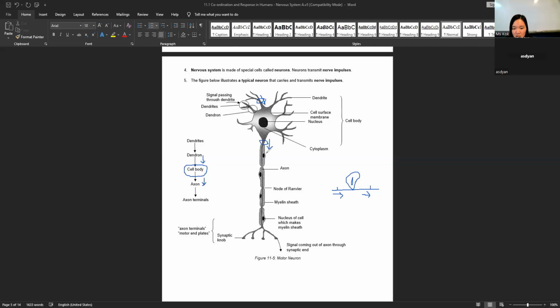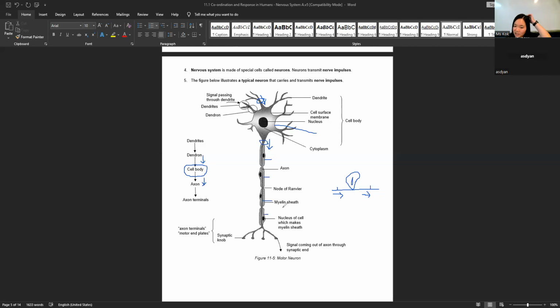So this is the dendron, and this is the axon. We have the myelin sheath over here, and here we have the node of Ranvier, and this is the nucleus of the cell that makes the myelin sheath. Here you can see there are actually many cells. The neuron is one cell. This one is another cell, 2 cells, 3 cells, 4 cells, 5 cells.